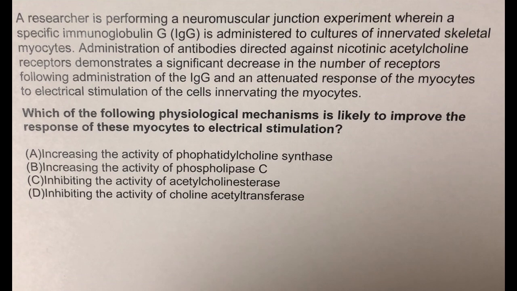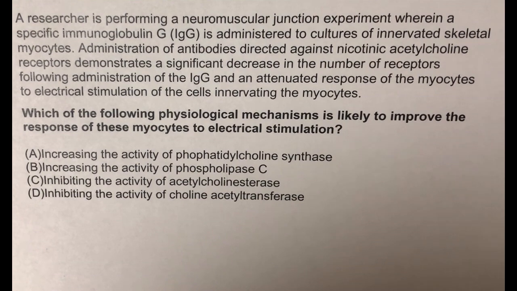Administration of antibodies directed against nicotinic acetylcholine receptors demonstrates a significant decrease in the number of receptors following administration of the IgG, and an attenuated response of the myocytes to electrical stimulation of the cells innervating the myocytes. Which of the following physiological mechanisms is likely to improve the response of these myocytes to electrical stimulation?